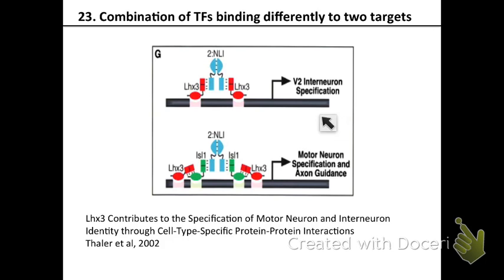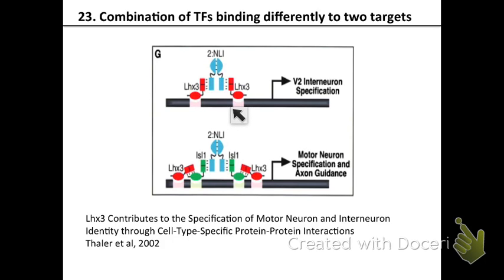In this example, we're looking at how the LHX3 gene, a transcription factor, controls the transcription of genes that are going to be specifically expressed in the V2 type of interneurons versus motor neurons, okay? The genes that are going to be expressed in the V2 interneurons are going to have DNA elements in which the LHX3 binding sites, the binding sequences, are present at a stereotypic distance from each other.